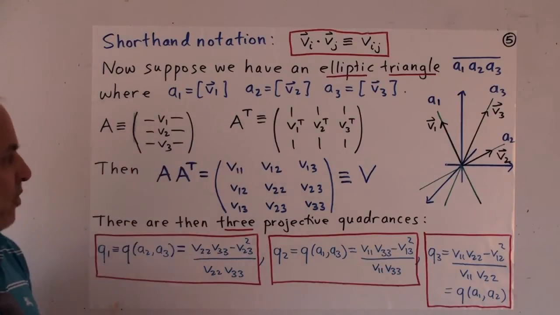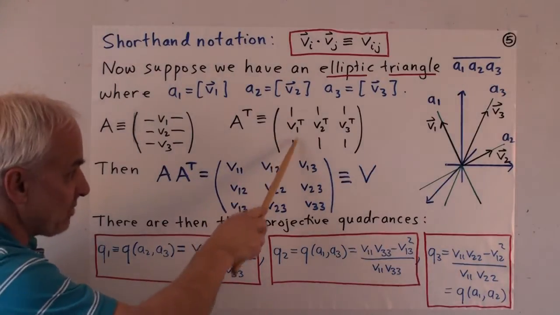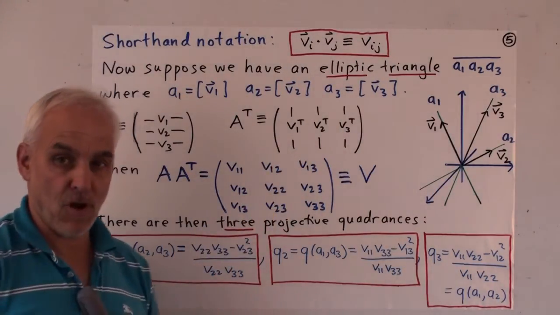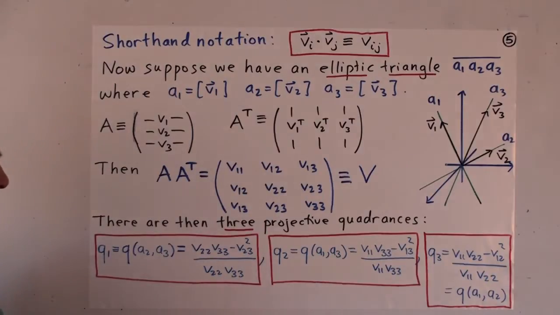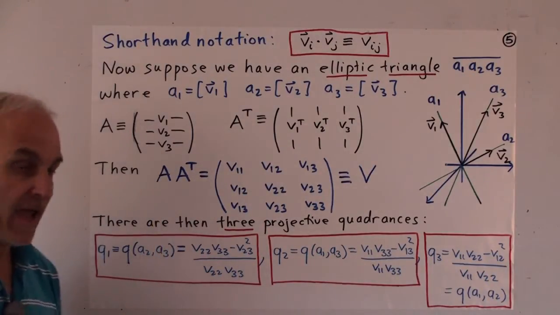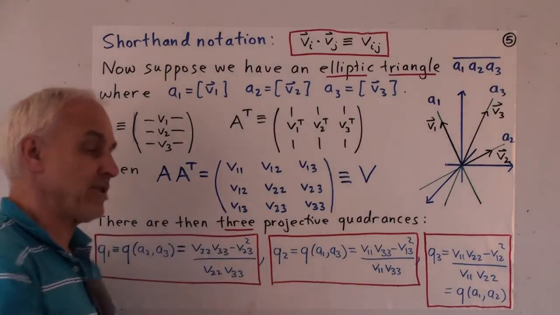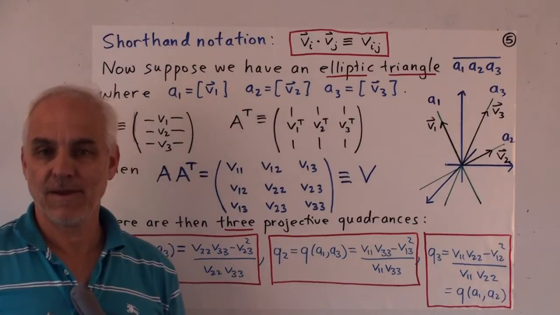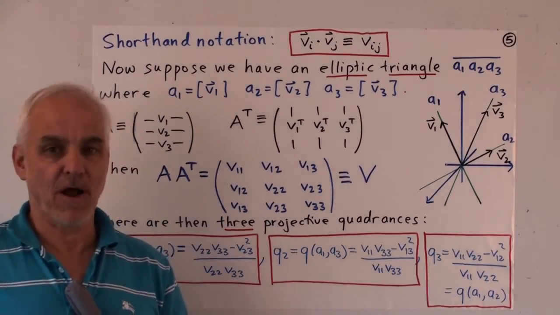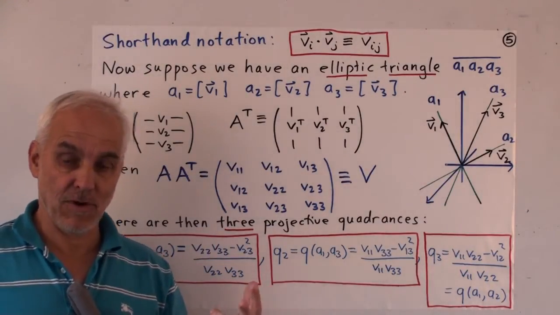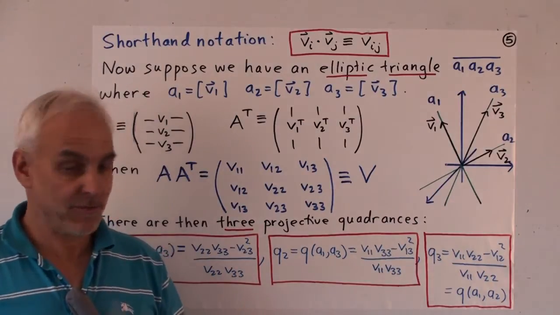Here is the transpose matrix, A transpose, which has the transpose of the vectors now down the columns. And just as we did before, we're going to multiply A times A transpose. And when we do that, we're going to get a Gram matrix of inner products, of dot products between the three vectors V1, V2, V3 and themselves.